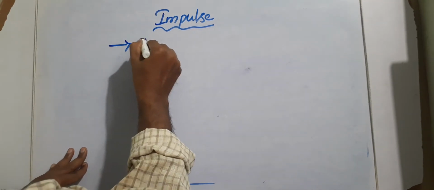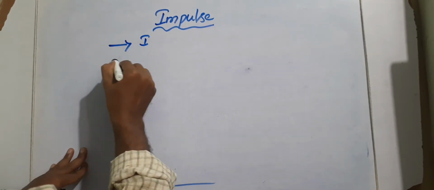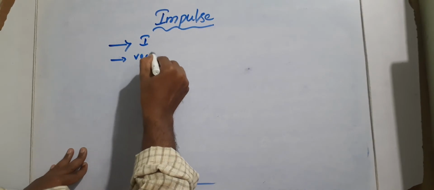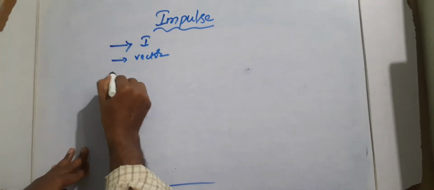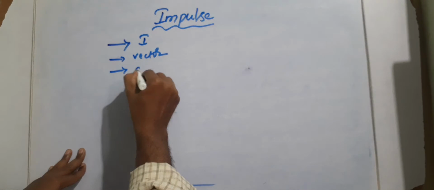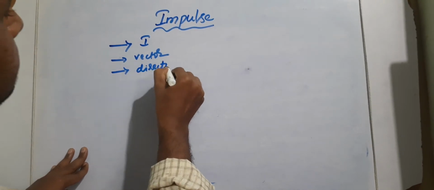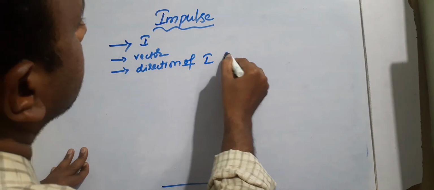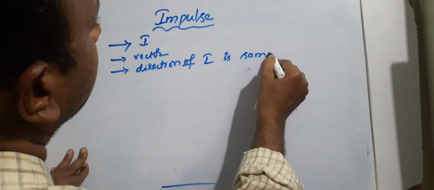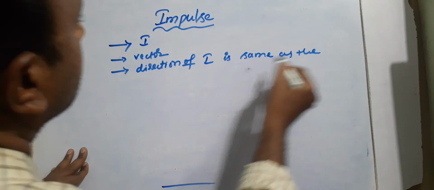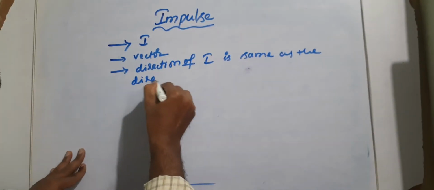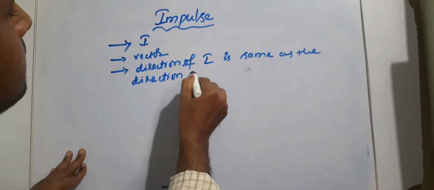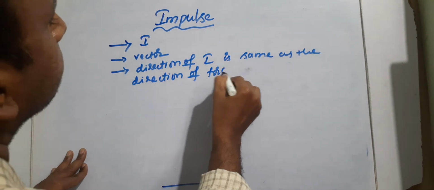It is denoted by letter I. It is a vector quantity. The direction of impulse is the same as the direction of force.